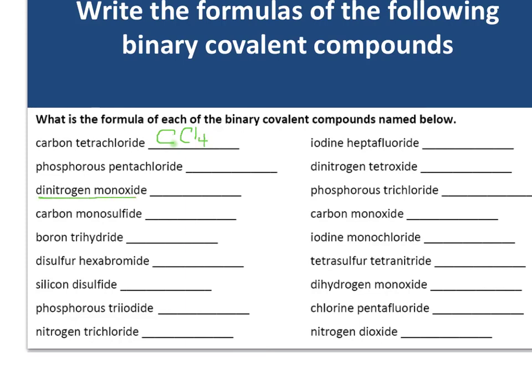Let's do this one, dinitrogen monoxide. Dinitrogen N2, monoxide, O, just O. Disulfur hexabromide, S2, this is disulfur, bromine, and you have 6 of it, S2Br6. So you can pause the video and come back and look at the solutions.